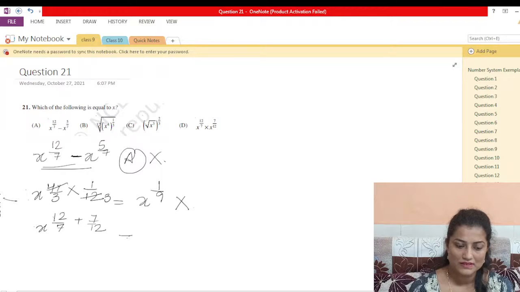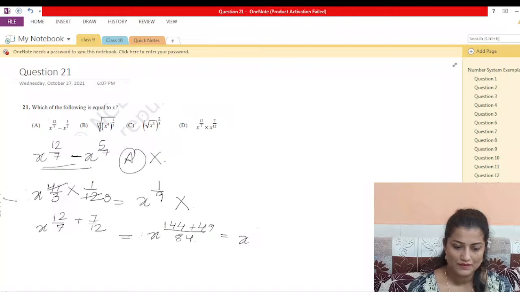Here we can take the LCM of both the denominators, that is 84. So we will get x raised to 144 plus 49 divided by 84, that will be equal to x raised to 193 by 84. So this option is also wrong.